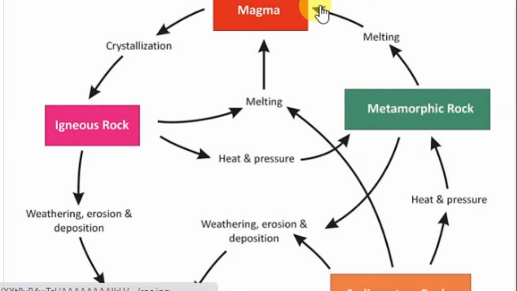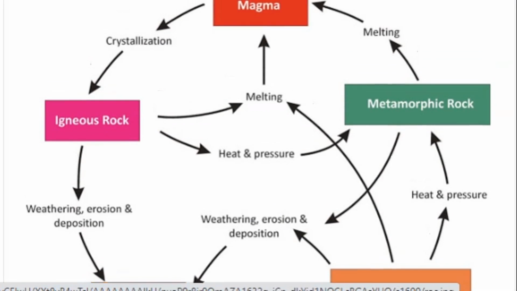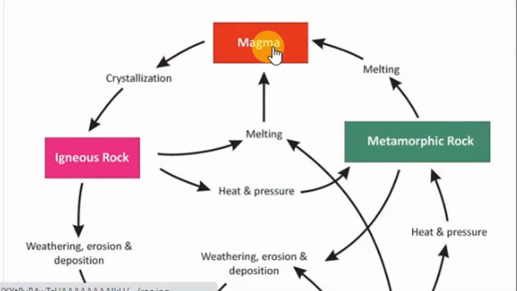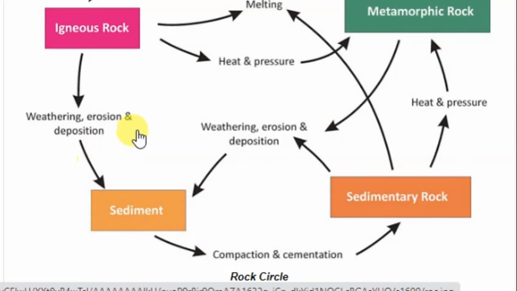What I am trying to show you here is that when magma crystallizes, it forms igneous rock. But when igneous rock undergoes weathering, erosion and deposition, it forms sediments. These sediments can undergo compaction and cementation to form sedimentary rocks. When they undergo weathering, erosion and deposition again, they can form sediments and again sedimentary rocks.